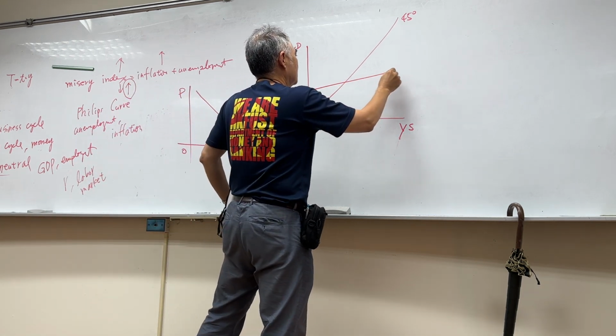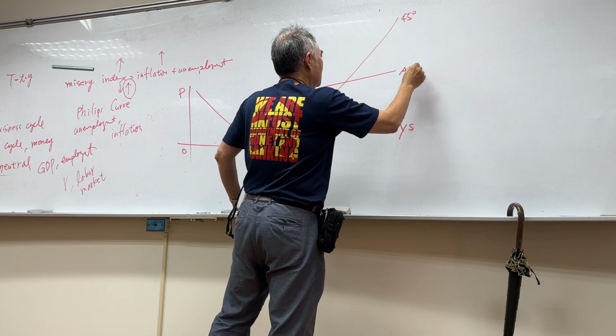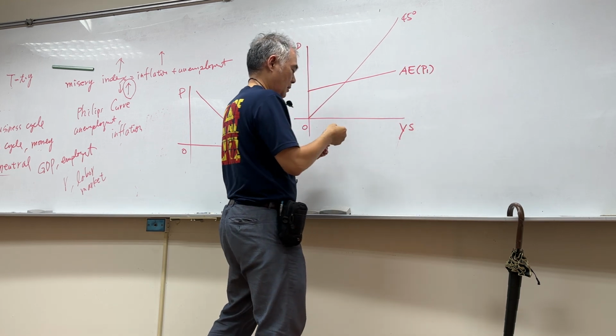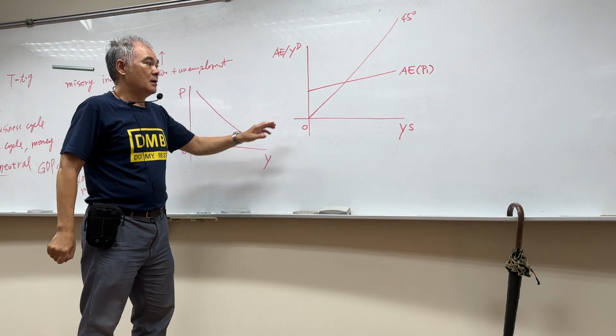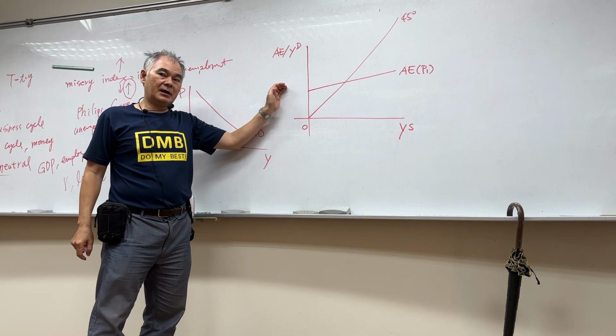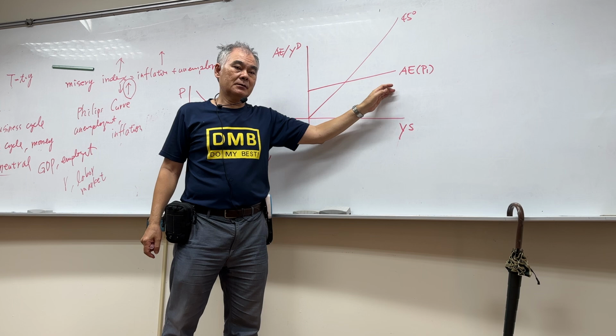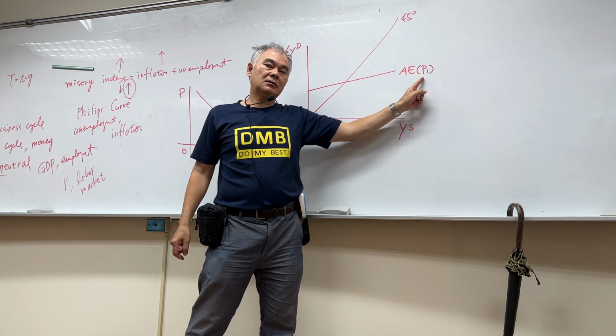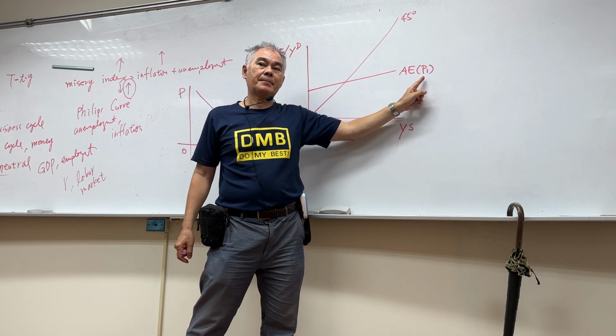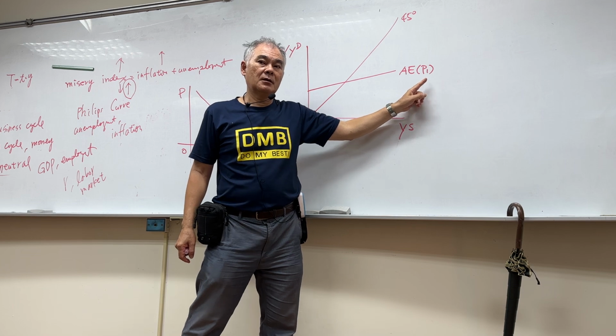Say it's like this. AE is, okay, so what does this mean? This means that we have an aggregate expenditure level, but it is indexed with P1.